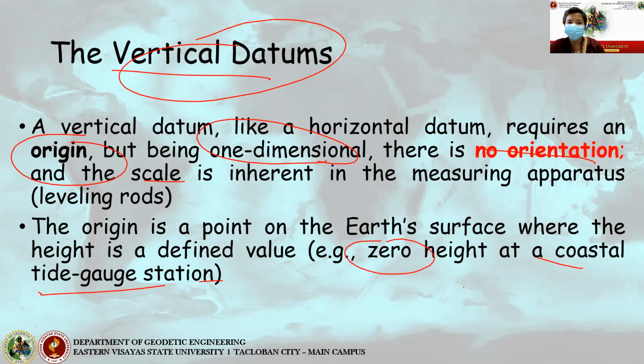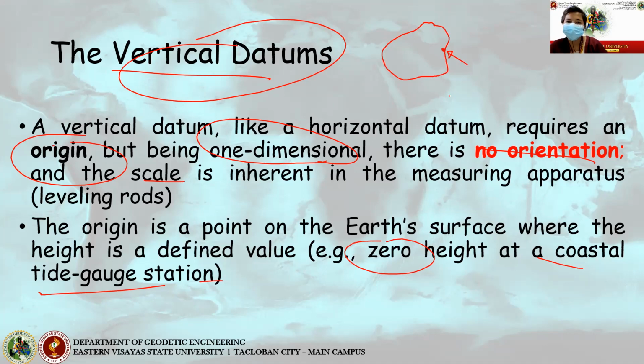On the geoid here, if this point is the coastal area along the bay, the elevation is equal to 0. This zero elevation was observed for 19 years, just to make sure that this point on the coastal area is really zero elevation.